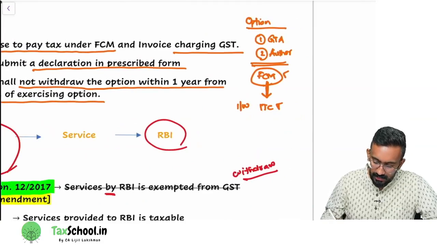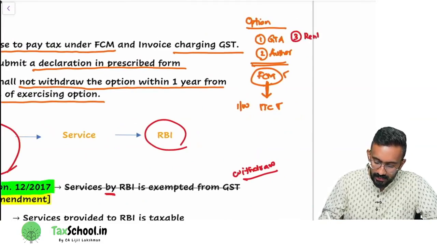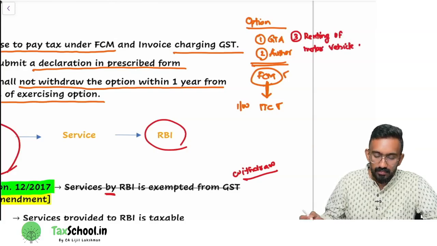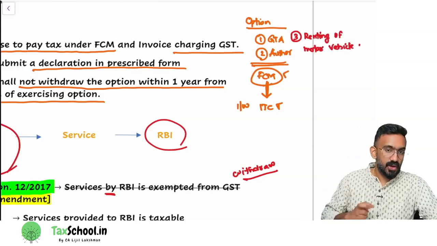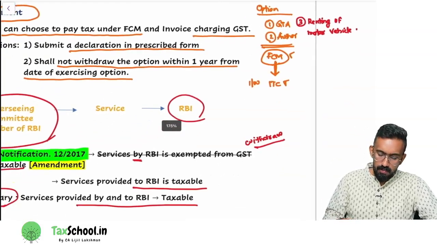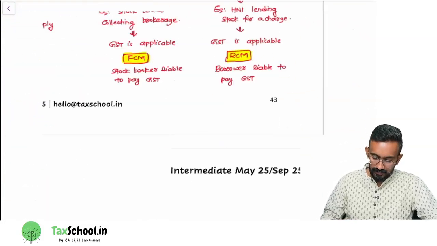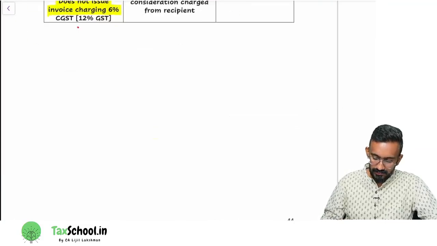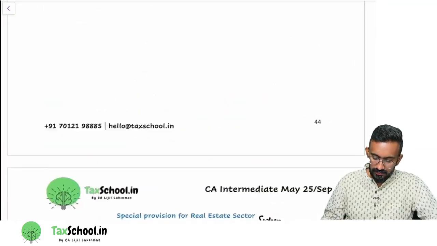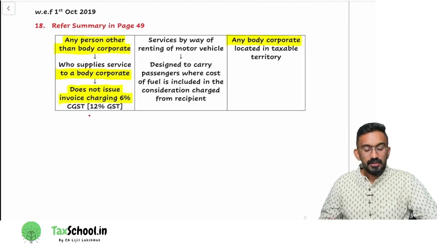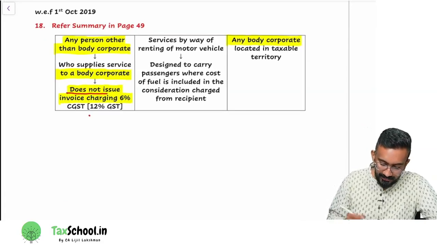Now there is a third person that we have added here, which is renting of motor vehicle. Here also you have an option to go for FCM. So in 3 cases you have an option for FCM. They said they should not opt for FCM.